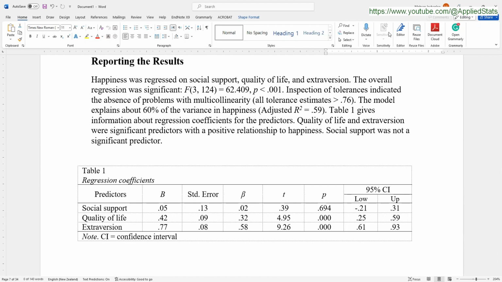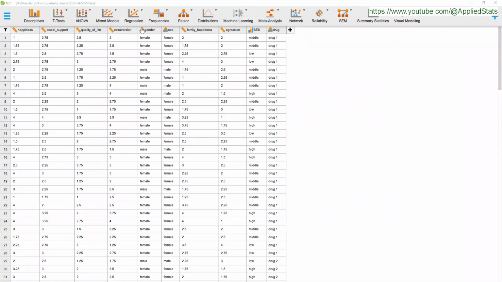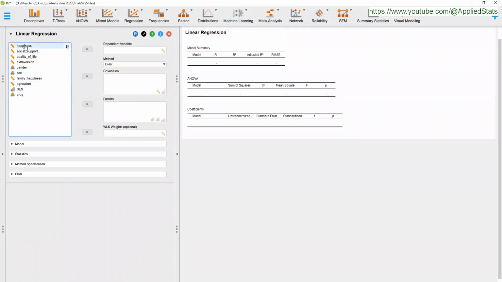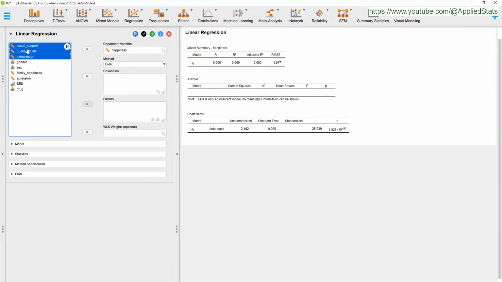Now let's do it in JASP. In JASP, you need to go to regression and linear regression. It's pretty much like SPSS. You send happiness here, you send your 3 predictors to the covariates box.